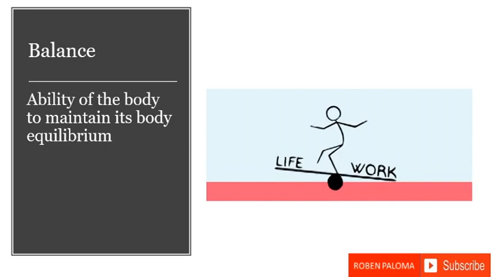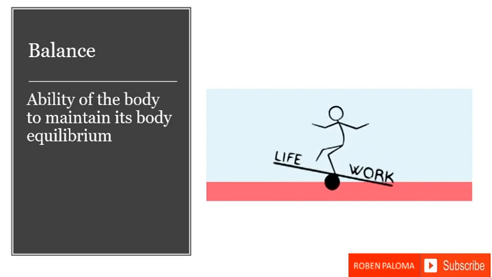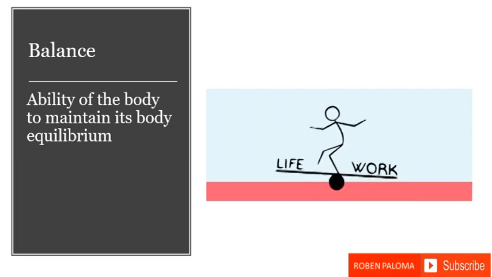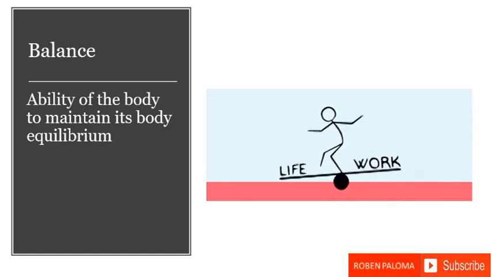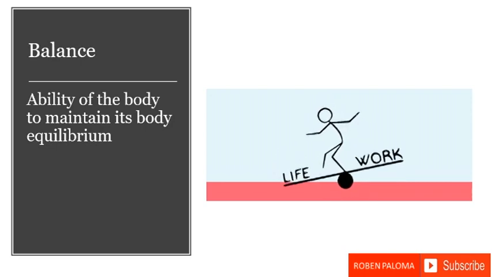The last component that I will discuss for this topic is balance. Once we talk about balance, it refers to the ability of the body to maintain its body equilibrium. It refers to how we sustain equality in the distribution of our weight in the body.